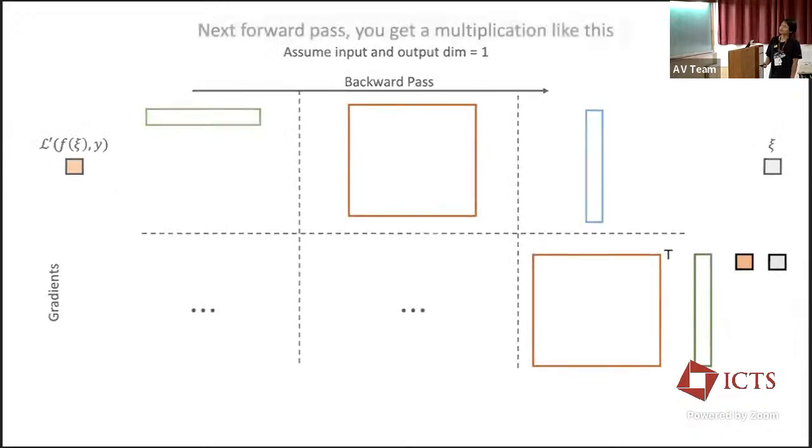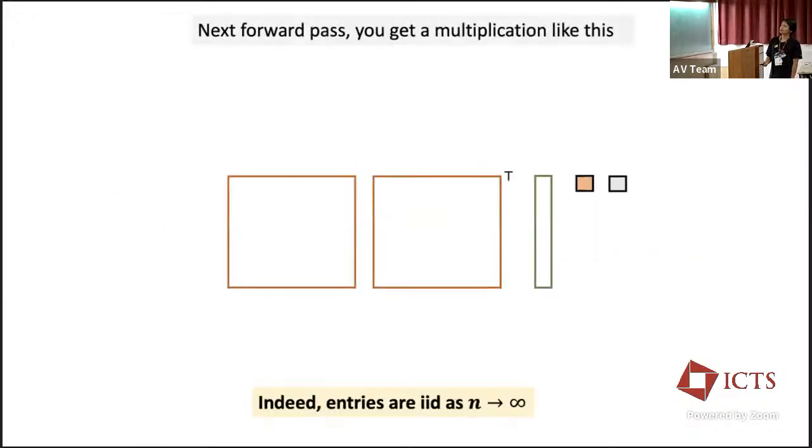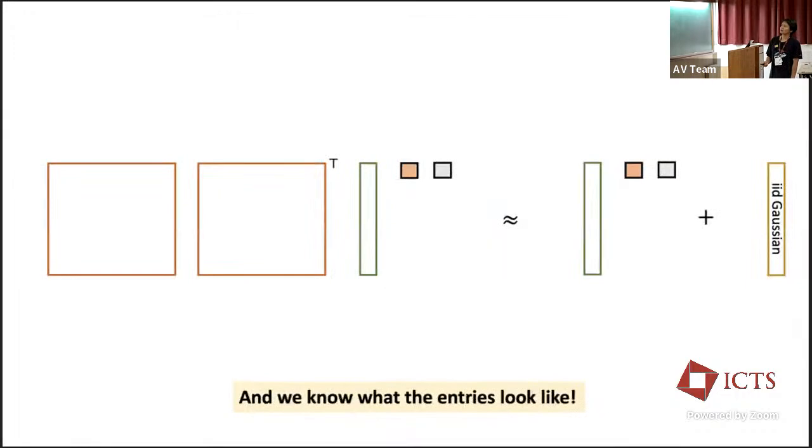So everything is IID, and indeed we understand the way it looks. This guy will look like you will recall the input to W W transpose, and then add some Gaussian vector to it. That's what the entries look like. Any questions so far?